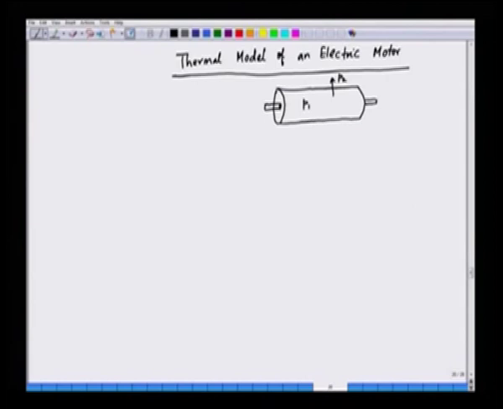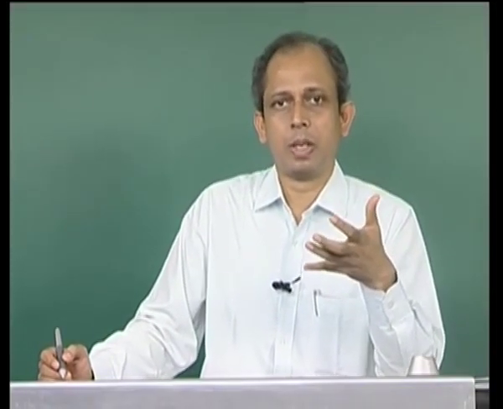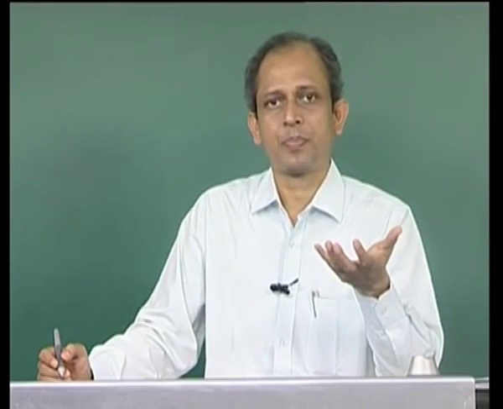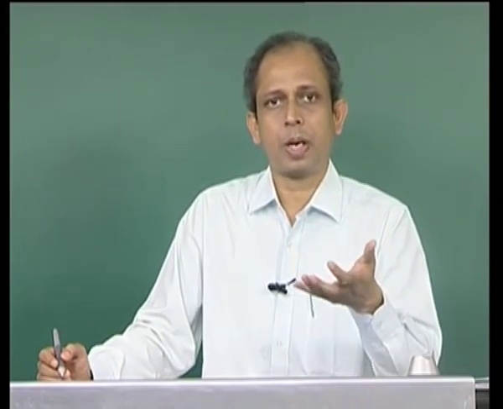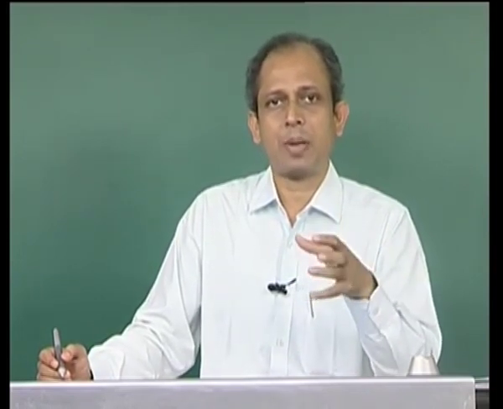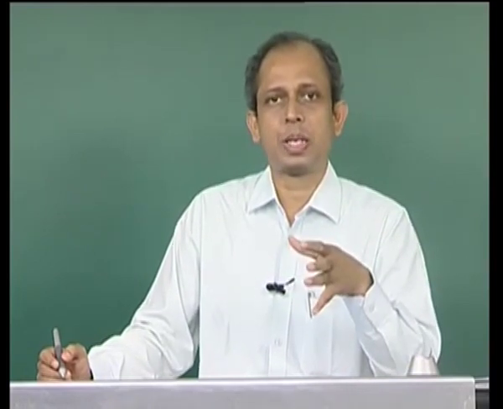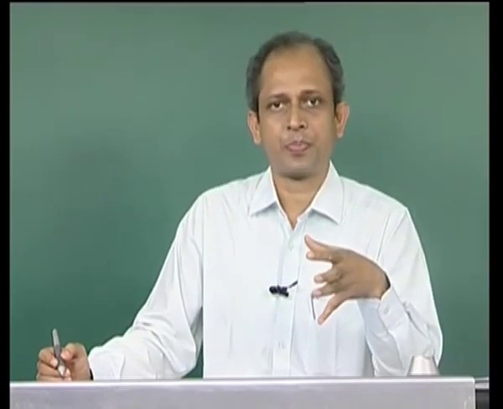We will consider that the motor is a homogeneous body, although it is made up of copper and iron. The core is made of iron and the windings are primarily made of copper. For simplicity, we assume that it is homogeneous.